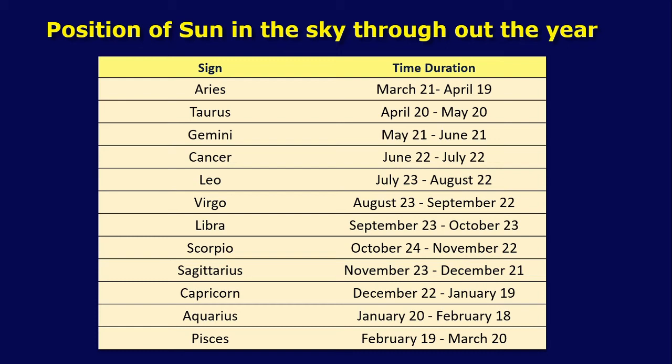Now, if the sun is in the Aries sign at a given time, then on that day the rising sign is the sign in which the sun rises. Suppose on 1st April in any place the sun rises at 5 o'clock in the morning.